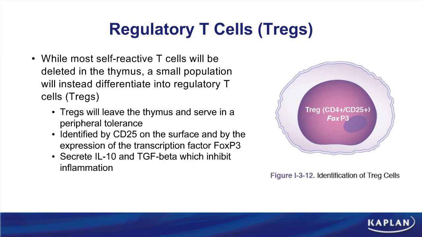Both of these are inhibitory to Th1 cells, which drive inflammation, so they essentially shut off an inflammatory response. There's also a strong correlation in the number of functioning Tregs and autoimmunity. So if I have very low levels of Tregs, you are going to find an individual is much more prone to developing autoimmune disease than those who have normal levels of Tregs.